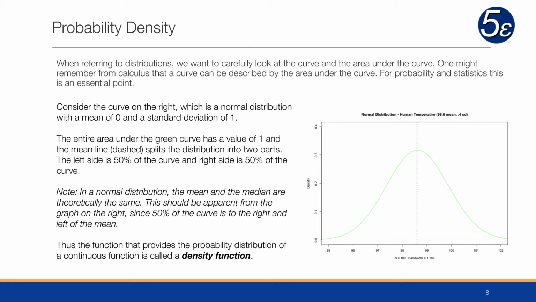And the mean line, which is dashed, splits the distribution into 2 parts. The left side is 50% of the curve, the right side is 50% of the curve. Again, recall that in a normal distribution, the mean and the median are theoretically the same, and this should be apparent from the graph on the right, because 50% of the curve is to the right and left of the mean. This function provides the probability distribution of a continuous variable and is called a density function.